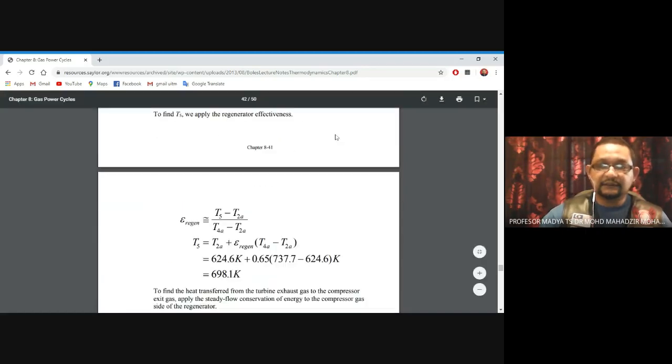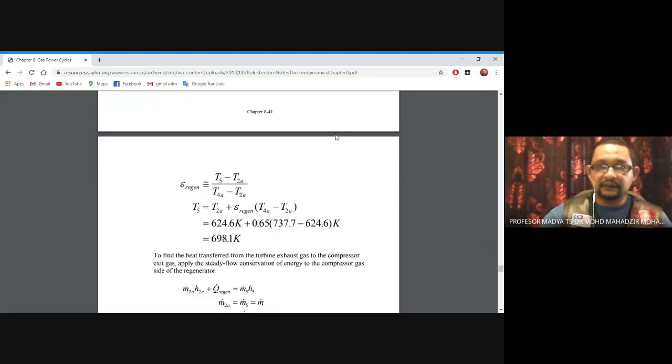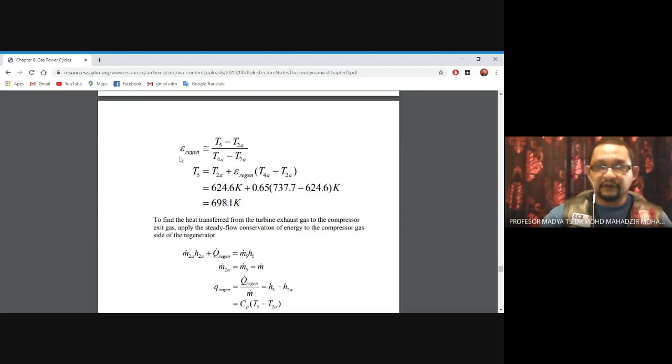And then, this is the regeneration analysis. Okay. In this regeneration analysis, the question gives the effectiveness of the regenerator. We know the value of the effectiveness of the regenerator, and also we know the formula there. So from this formula, you find T5, because T5 is needed in the calculation afterward.